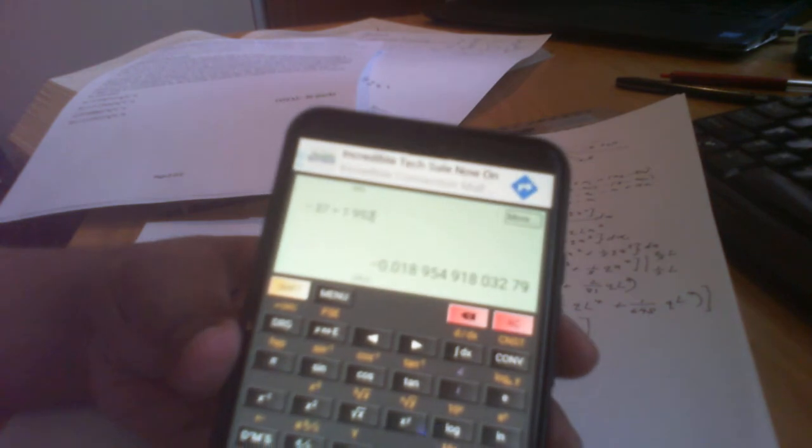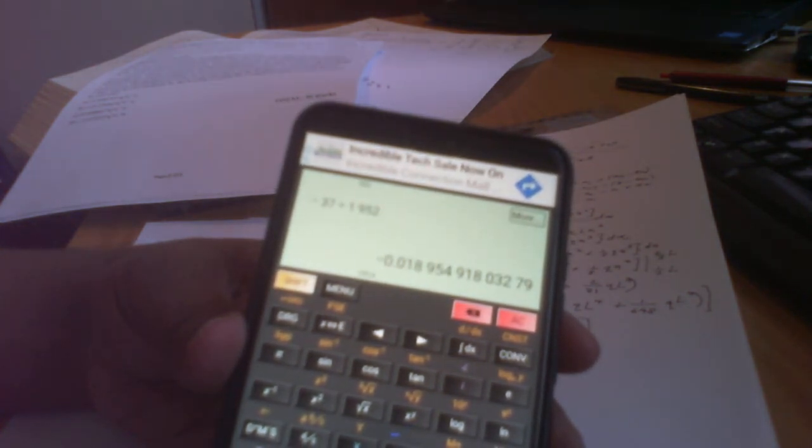Option D, minus 37 over 1952, we can work it out. Minus 37 divided by 1952 would be minus 0.018954.